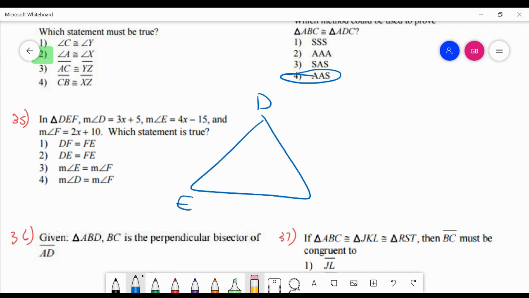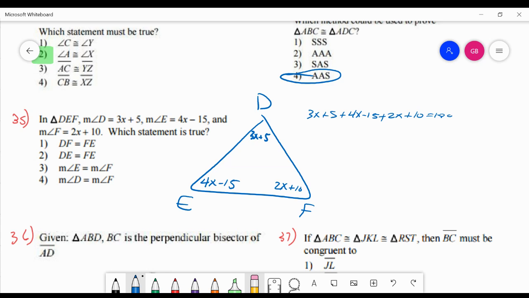D, E, F, 3x plus 5, 4x minus 15, and 2x plus 10. First thing I'm going to do is use the triangle sum theorem to find the value of x. So 3x plus 5 plus 4x minus 15 plus 2x plus 10 is equal to 180.